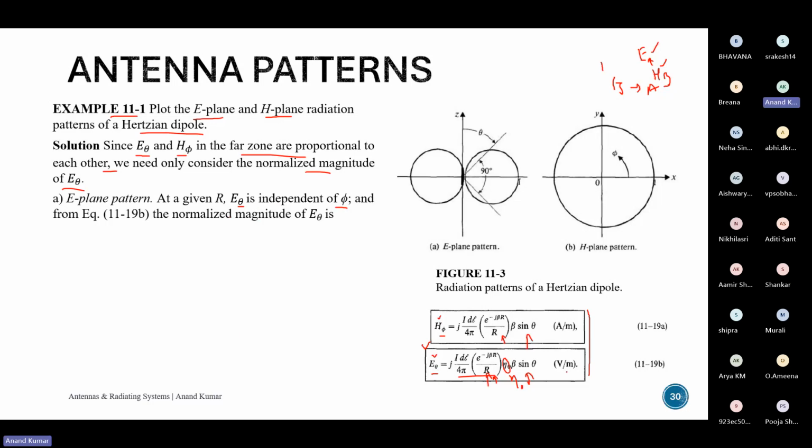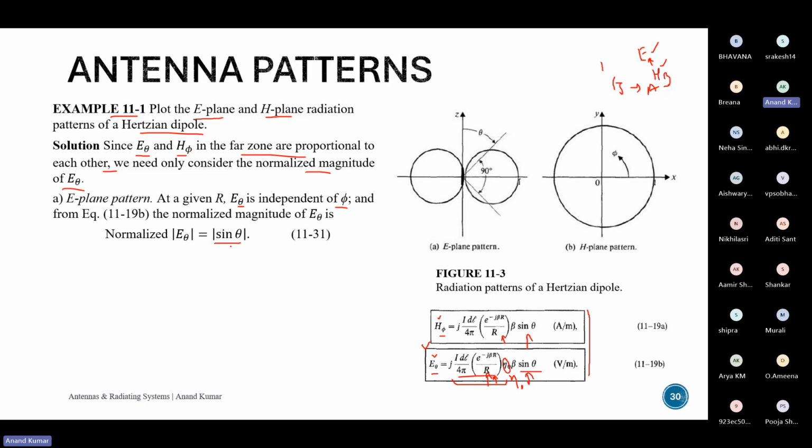And the normalized magnitude of E theta is just sine theta. All the terms in front of this, if you're fixing the value of r as well, are constant, and there is no phi variation. So the normalized electric field will just be mod of sine theta.